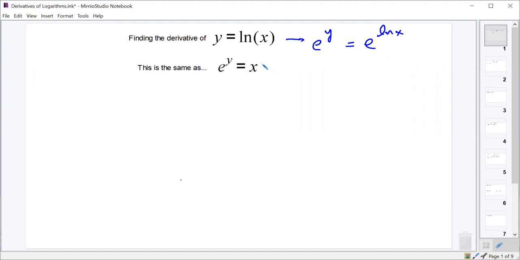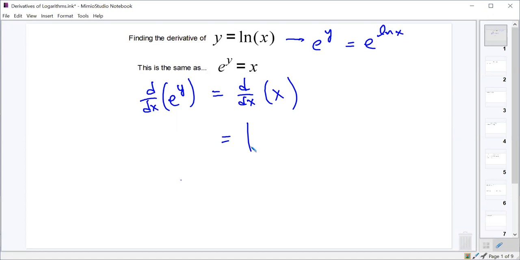All right, spectacular. So then what we're going to do is take the derivative with respect to x of each side of this equation. So on the right-hand side, what do you get? One. Okay, good.